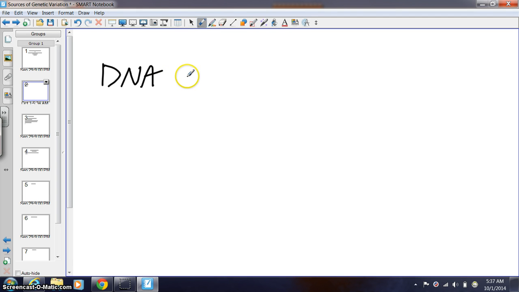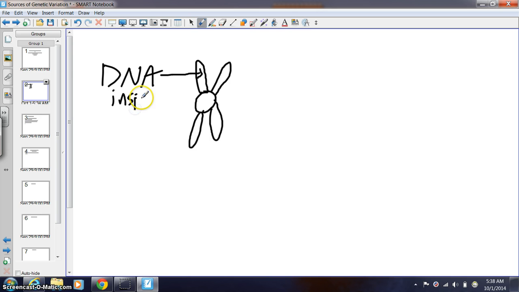It is stored in these nice packages that we call chromosomes. And these chromosomes, the DNA is actually stored in this part of the chromosome. This part of the chromosome is actually called a chromatid. So these are called chromatids.